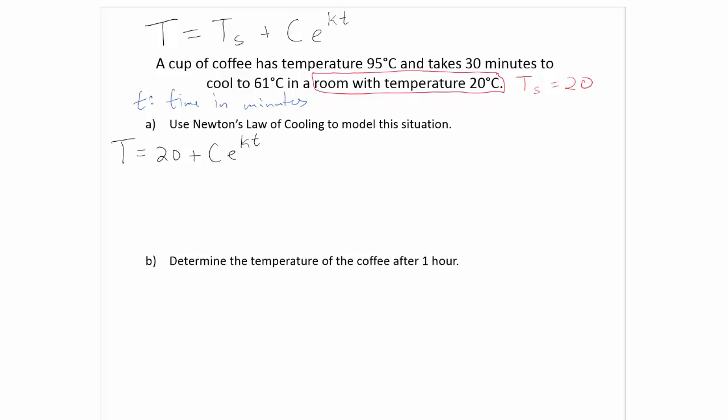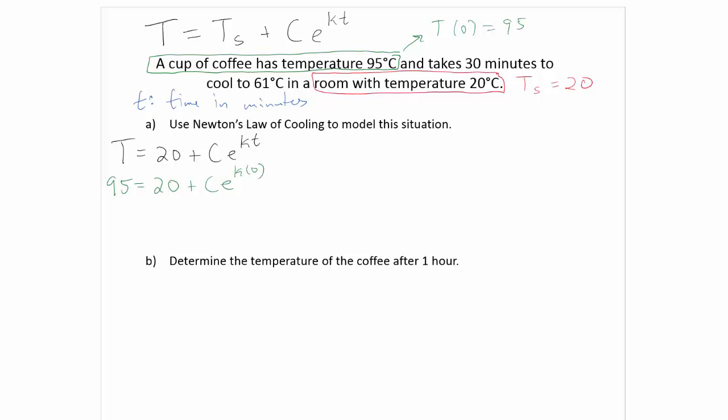Now, the cup of coffee has temperature 95 degrees centigrade. Our starting temperature is 95, so that means that T of 0 is 95. When the time is 0, the temperature is 95. So then 95 would equal 20 plus c e to the k times 0.